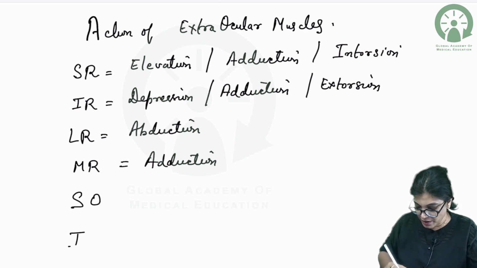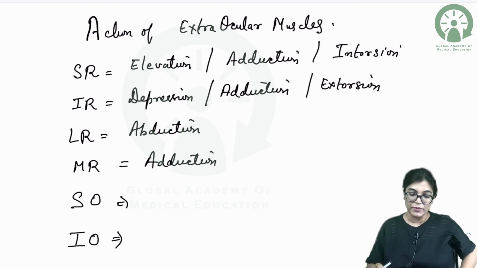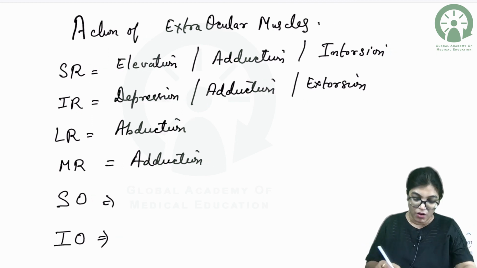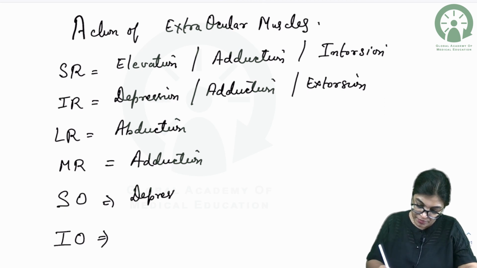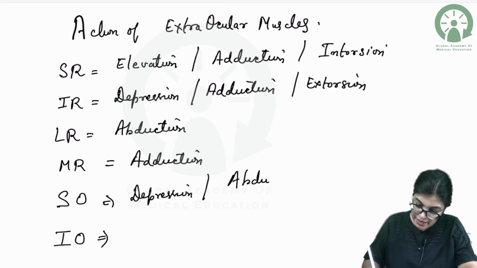Superior oblique and inferior oblique are very unique muscles because they cause actions just opposite to their names. Superior oblique will cause depression. Along with it, the other actions caused by the superior oblique muscle will be abduction and intorsion.